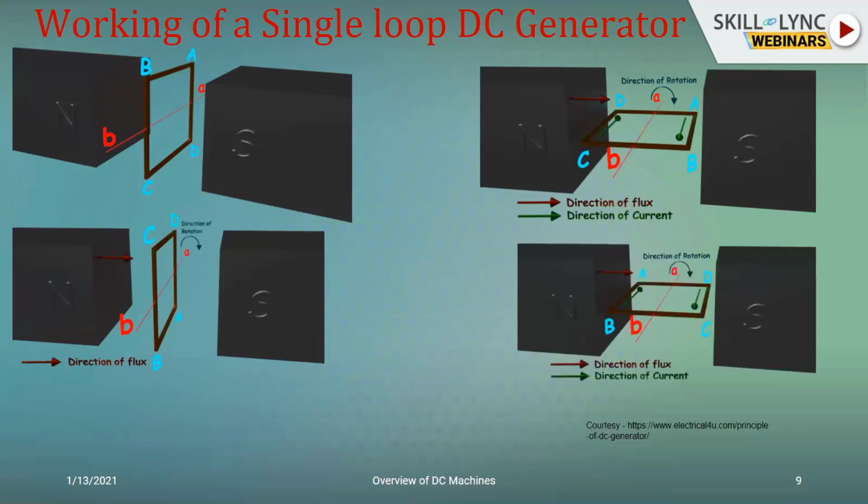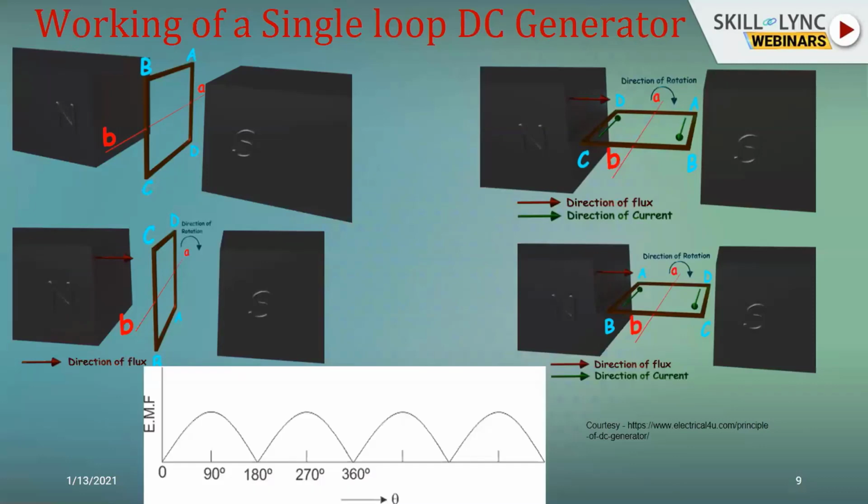And again, when it rotates by 90 degrees, you can see that there is again a coupling happening. And wherever the coupling happens, there is going to be a flow of current because it is a closed circuit. So the same operation is depicted graphically. In the first stage, at theta equal to 0, you have 0 value of the induced EMF.